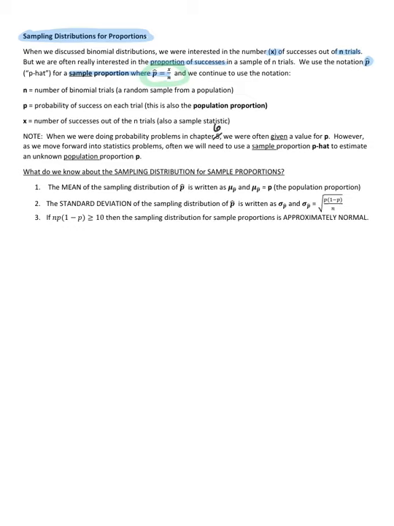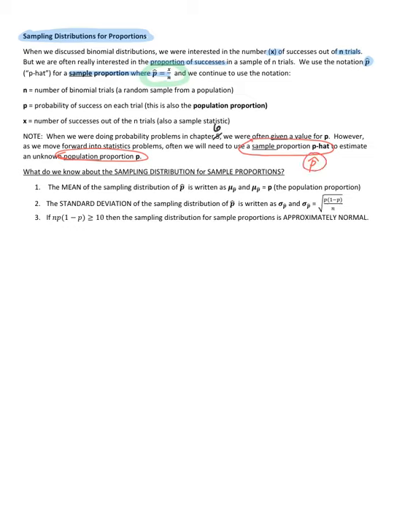But when we are doing inferential statistics, which is coming up in the next chapter, we will need to use a sample proportion, which is p hat, to estimate an unknown population proportion p. So p is actually unknown, and we're trying to estimate the value of p using the sample proportion, p hat. That's what you need to know about p hat.